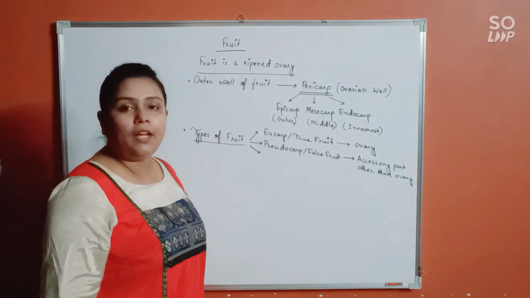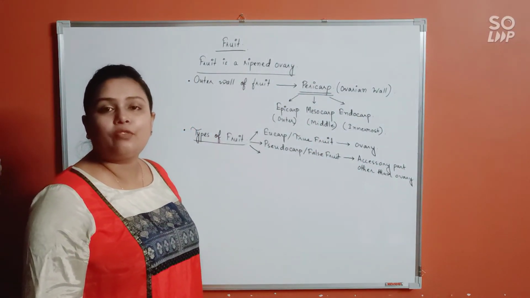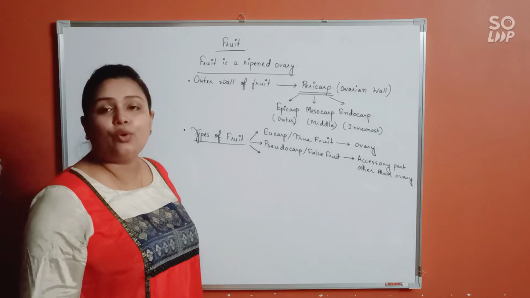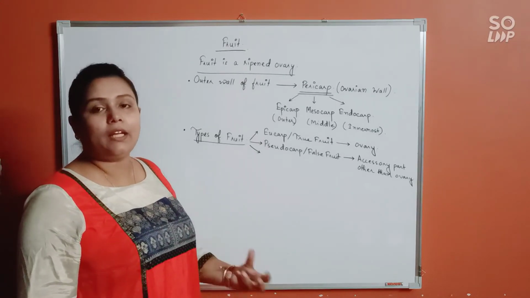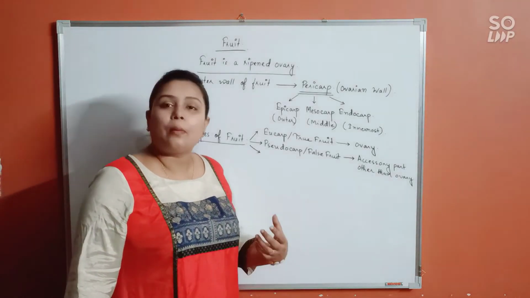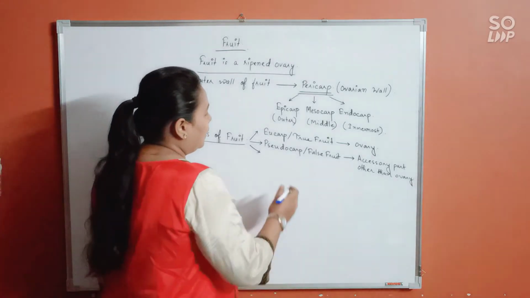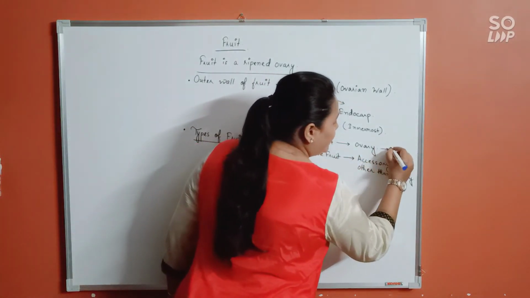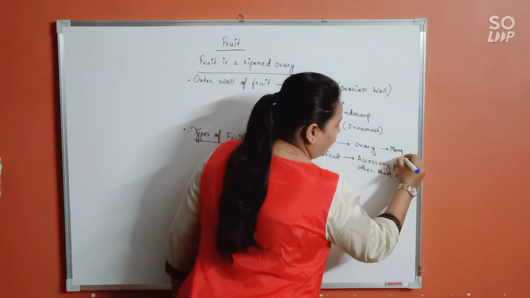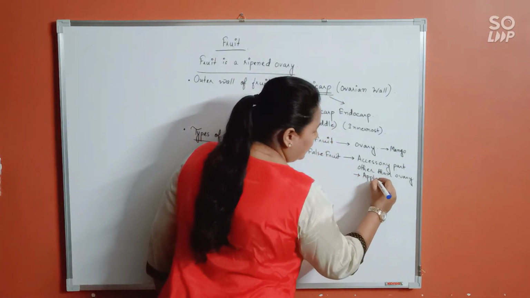Like in case of apple. In apple, the edible part develops from the fleshy thalamus or receptacle. It is not directly arising from the ovary. That's why apple, or in that case pear, are known as false fruits. So here also, if I write an example, it would be most ideal mango, and here apple and pear.